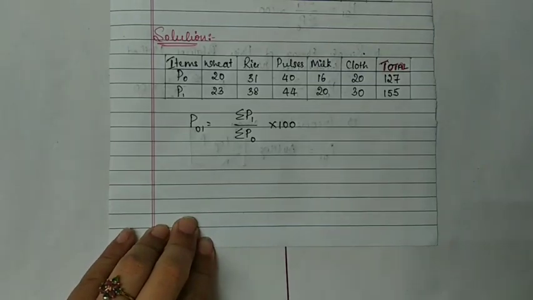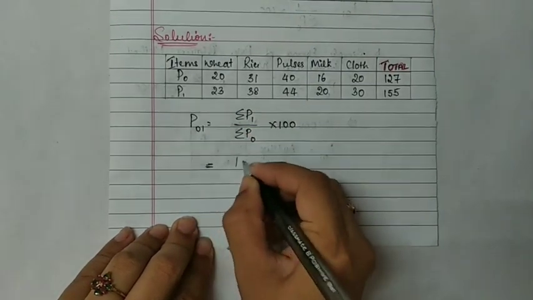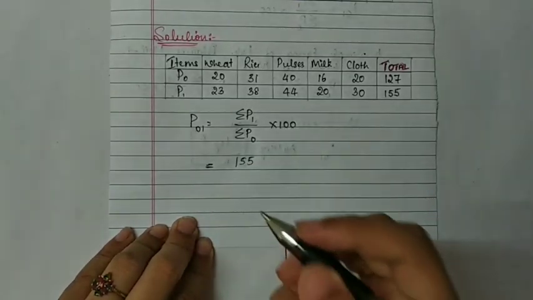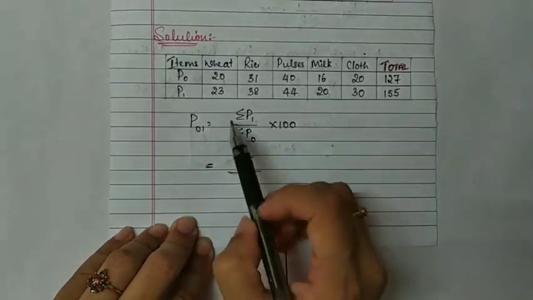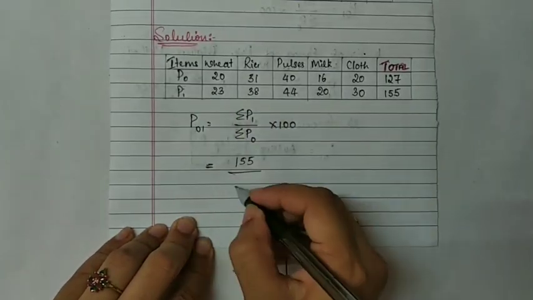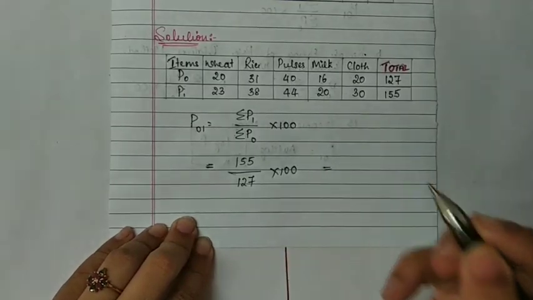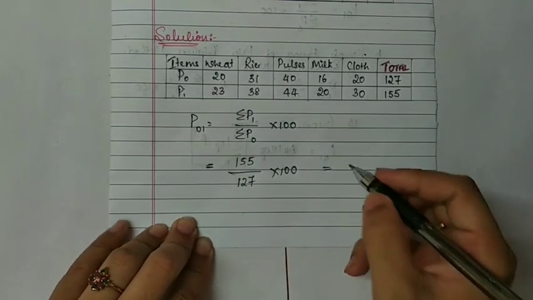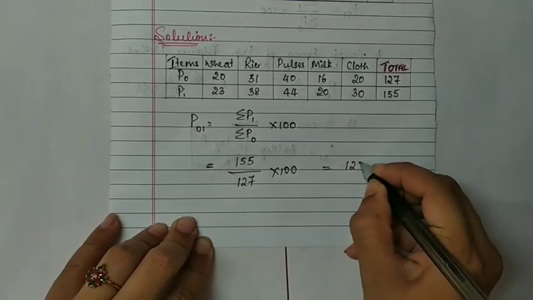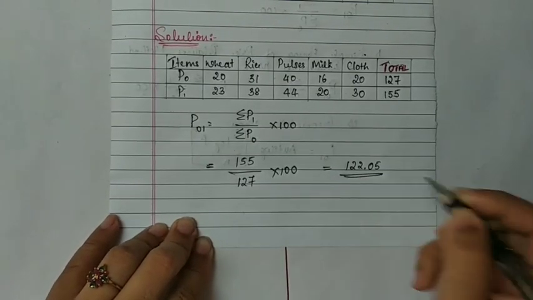Let us write that. 155 divided by summation P0, total of P0, is 127, multiplied by 100, and the answer is 122.05.